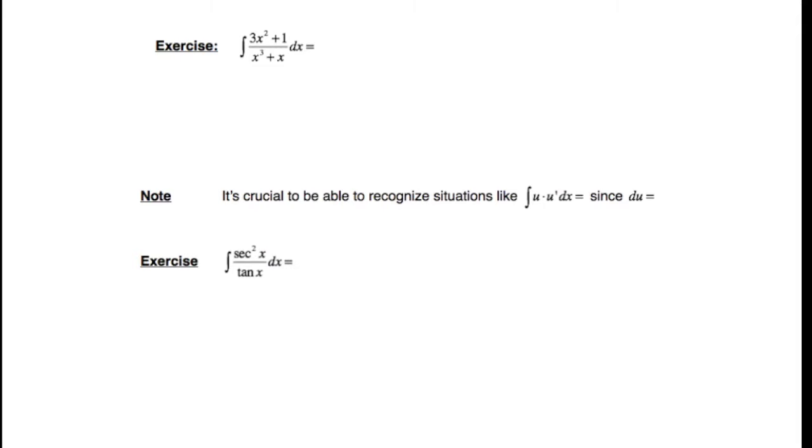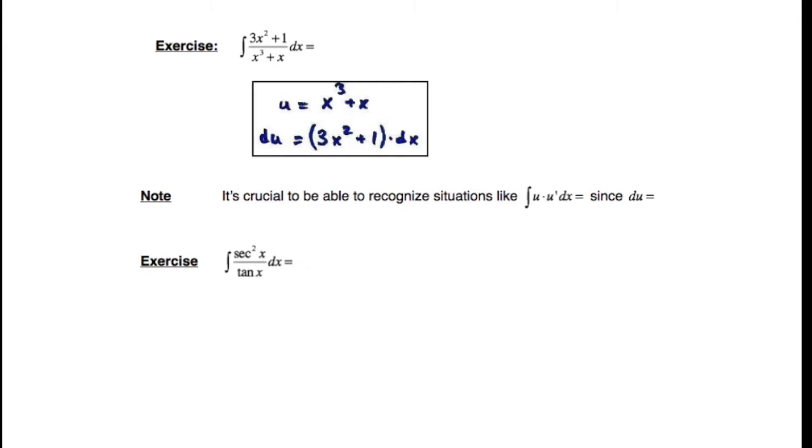In this exercise here, we will again make a change of variables. u equals x cubed plus x, and therefore du equals 3x squared plus 1 times dx. The reason why this is a good move is going to be very clear soon.